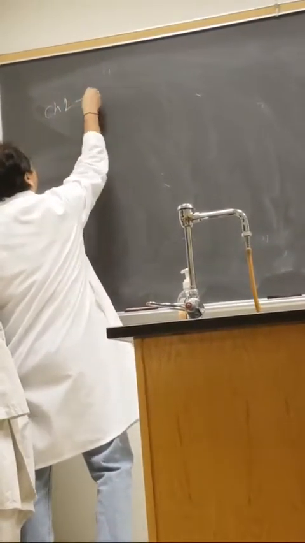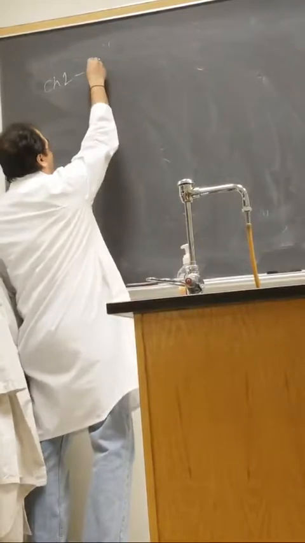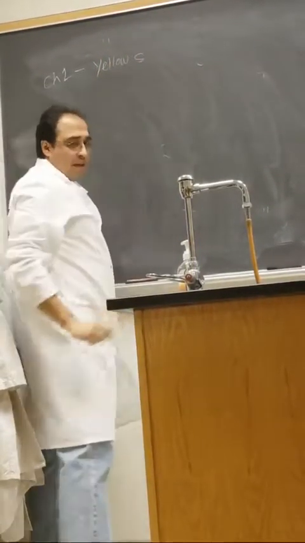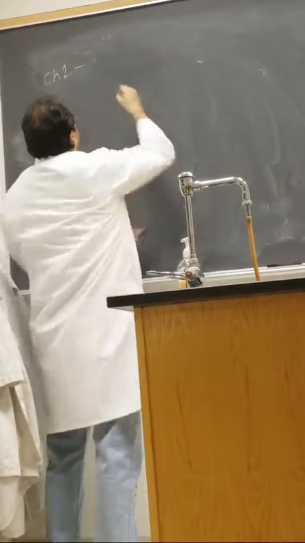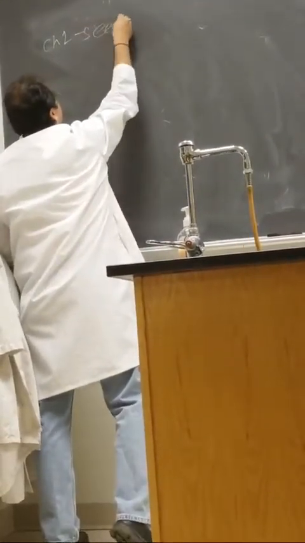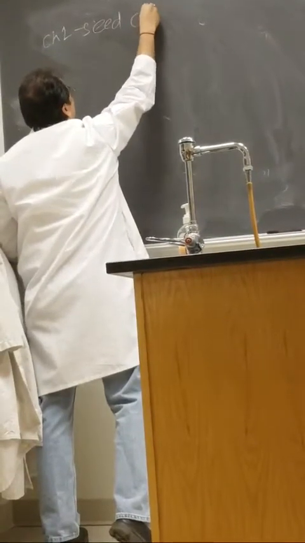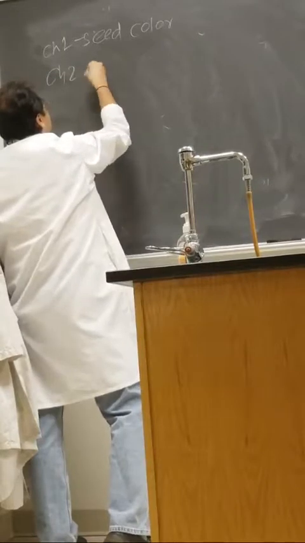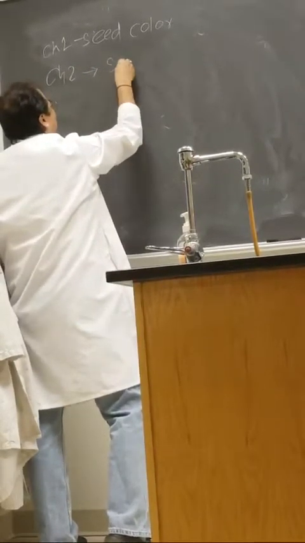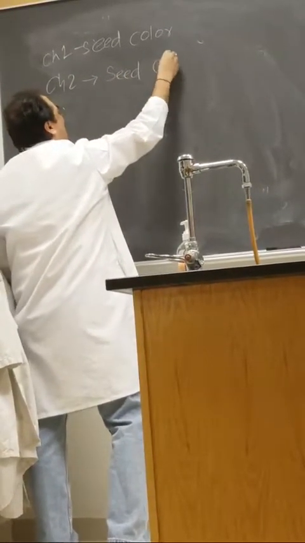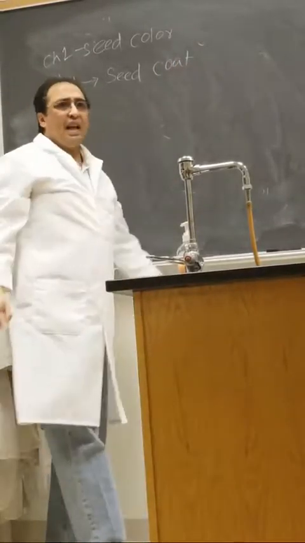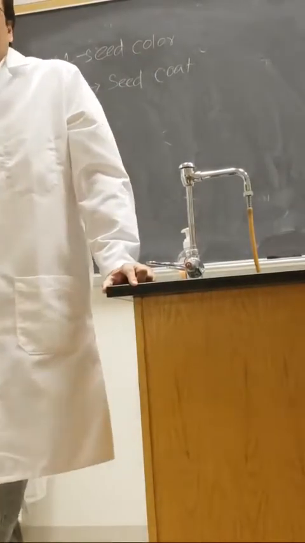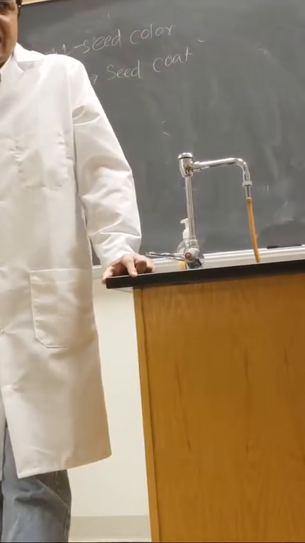Character 1 is seed color. And character 2 is seed coat, or seed shape, you can say seed shape.